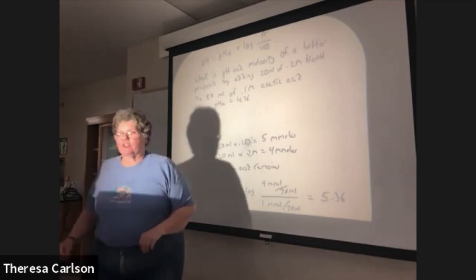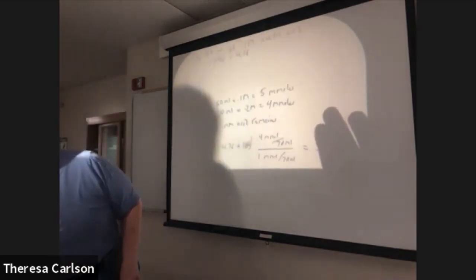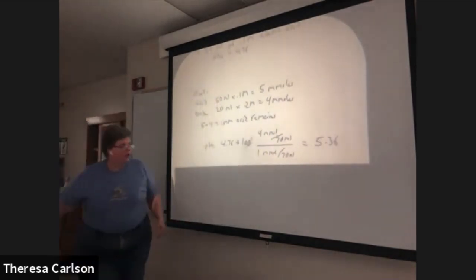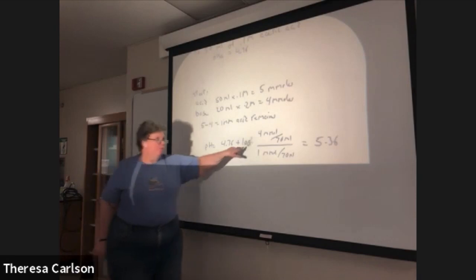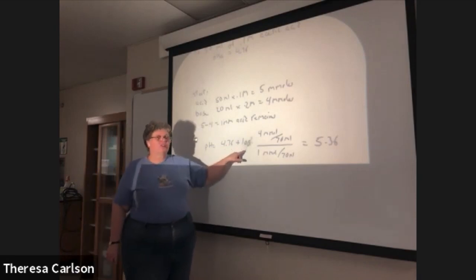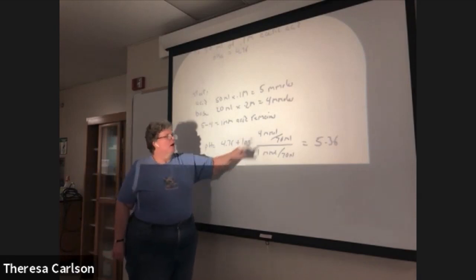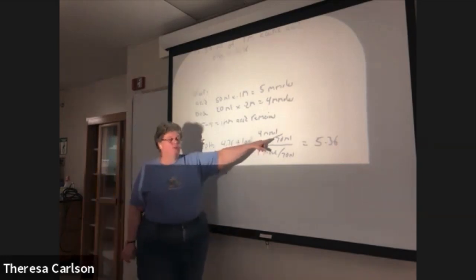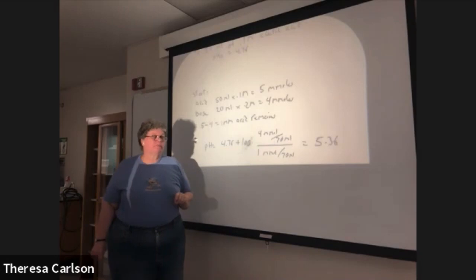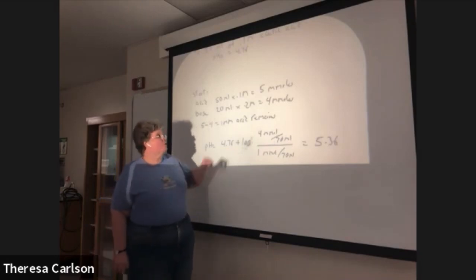So now you can put this into the Henderson-Hasselbalch equation. So when you do this, the pH is 4.76, we've said that was the pKa, plus the log, not natural log, log base 10, of 4 millimoles. And if you want to use it as a concentration, it's in 70 mLs total volume, because you had 50 mLs plus 20 mLs, or 70 mLs total.